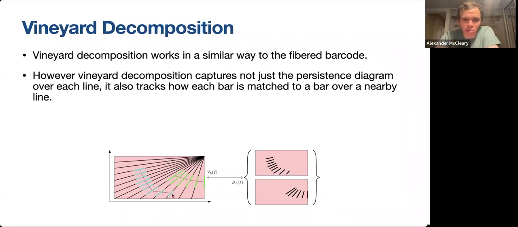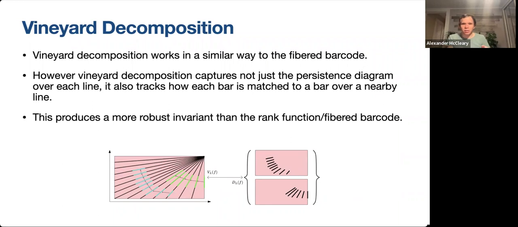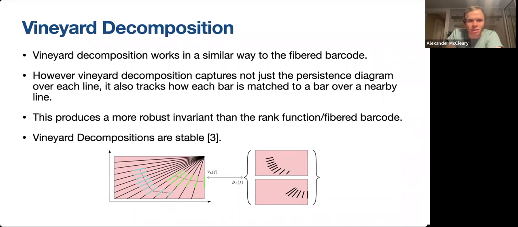We can also do the same with the blue bars. We can match those up. And now we can take those bars that are all matched up and separate them. What we'll get is these separate sets of lines here. This gives us more information than the rank function and fibered barcode. So this is a pretty nice invariant. And these have also been shown to be stable in a way.